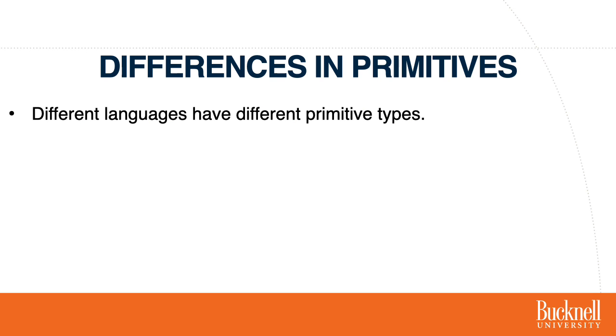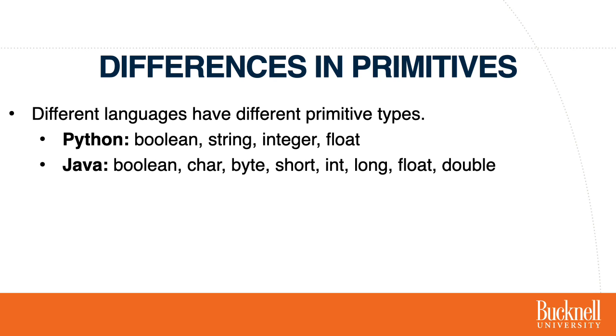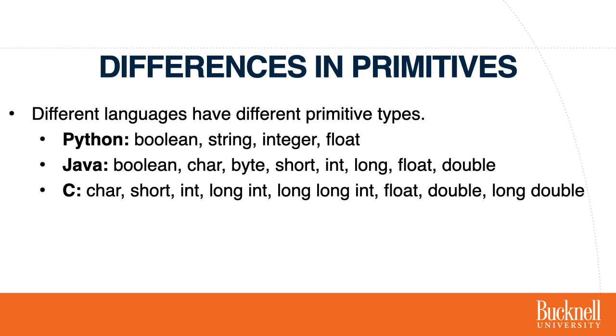So different languages have different primitive types. Python has booleans, arguably strings, as well as integers and floats. Java also has booleans. It does not have strings as a primitive type. It has characters. It has a bunch of different flavors of integer of different size: byte, short, int, long, and it has two different flavors of floating point number, float and double.